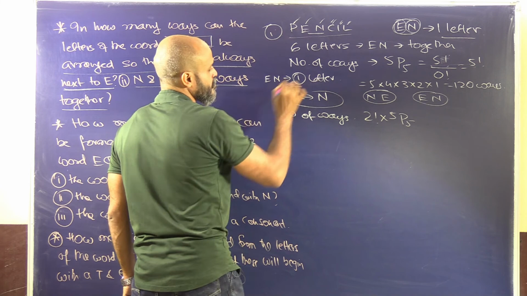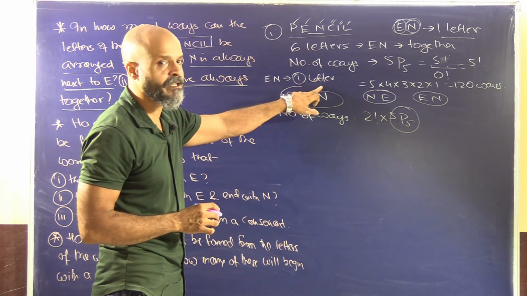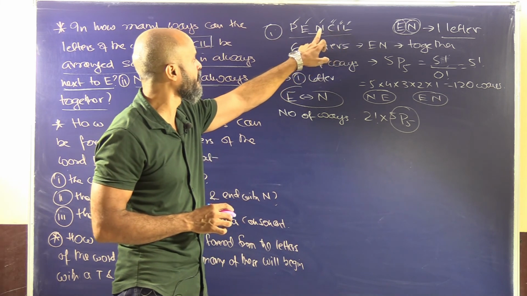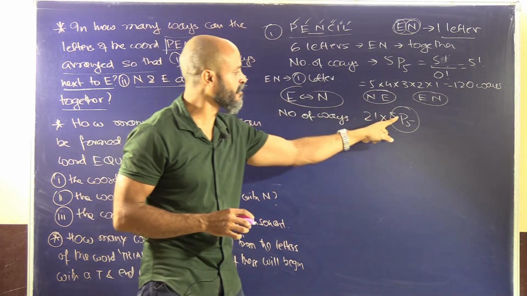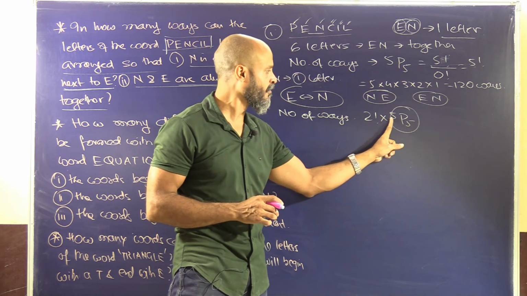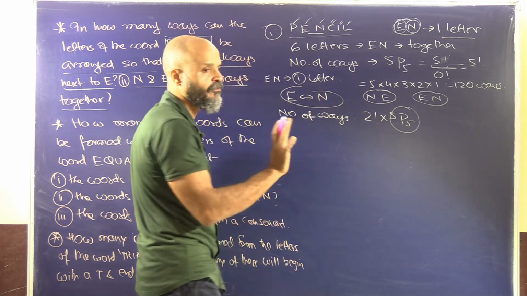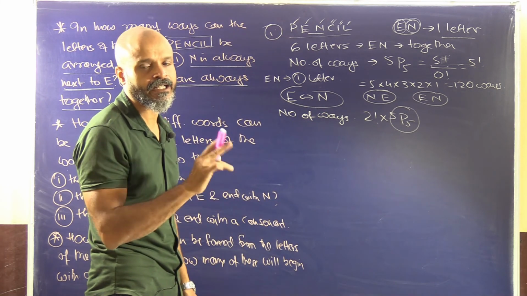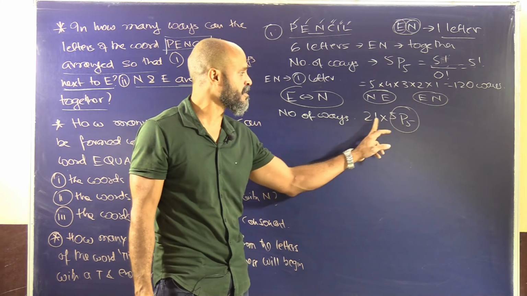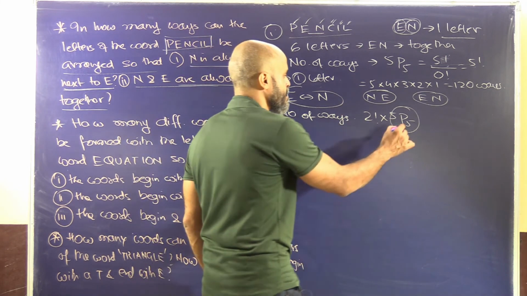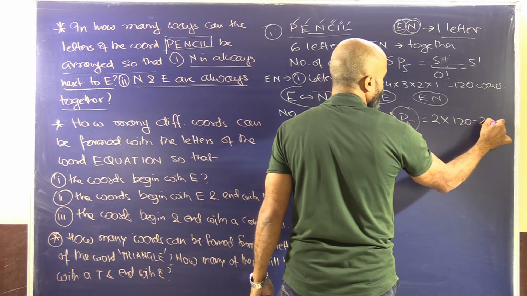So if we take them as one letter, 1 2 3 4 5, again we will get factorial 5 arrangements, that is 5P5 arrangements. But here who is coming first is not specified. They are definitely together, so they can be arranged in factorial 2 ways. So each of these will be arranged in factorial 2 ways. Hence we will have 2 into 120, that is 240 ways.